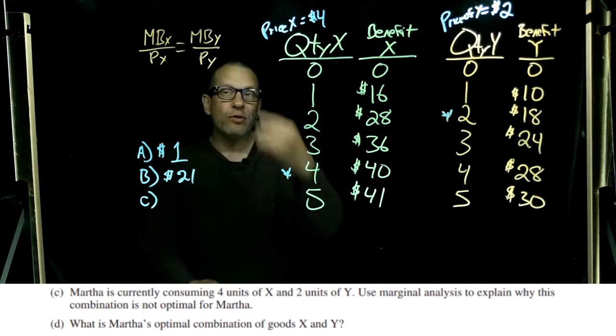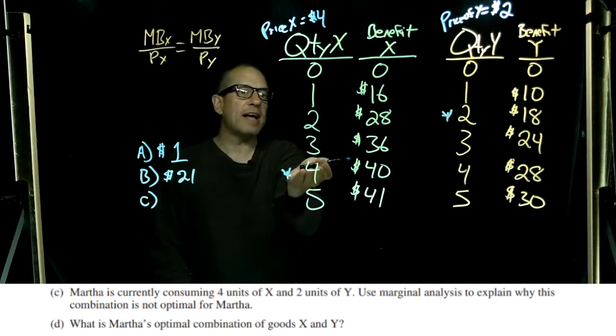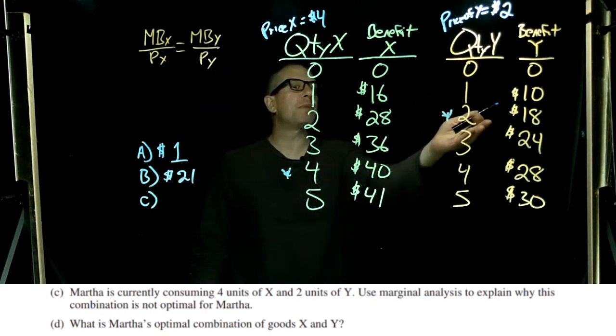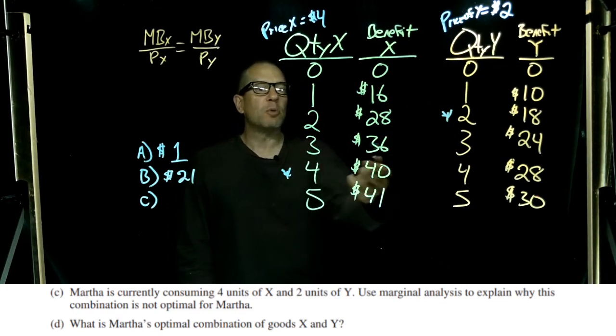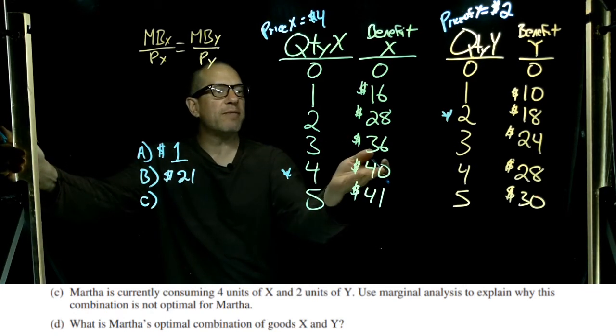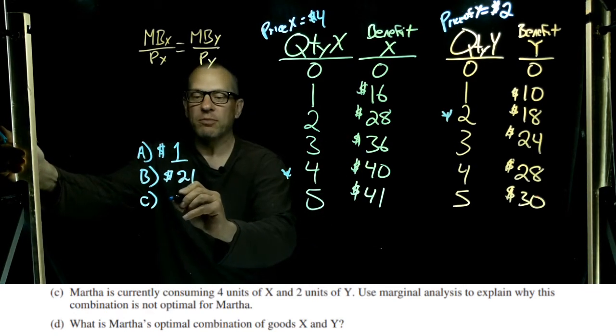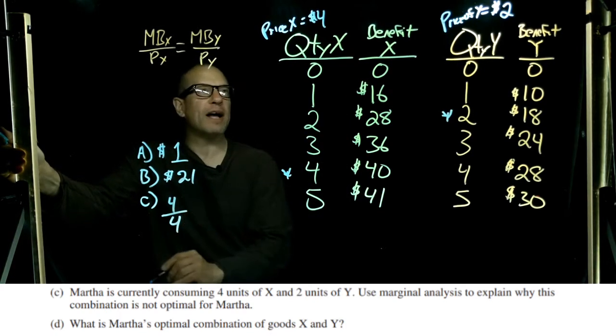This is where you need to know this combination up here, because if you took the marginal benefit of good X over the price of good X, it does not equal the marginal benefit of good Y over the price of good Y, right? So when we look at the marginal benefit, if we were to write this out, we could see that the marginal benefit of consuming the 4th unit is going to be 4 over the price of X, that would be $4, right?